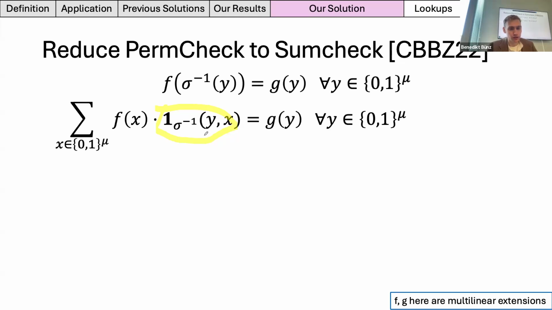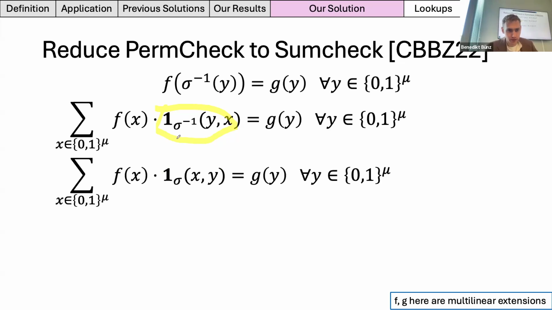So it's only going to be one at one position, namely at the point where x is equal to sigma inverse of y, right? But why is this better? We can also flip the variables, and then I can use my permutation function again.